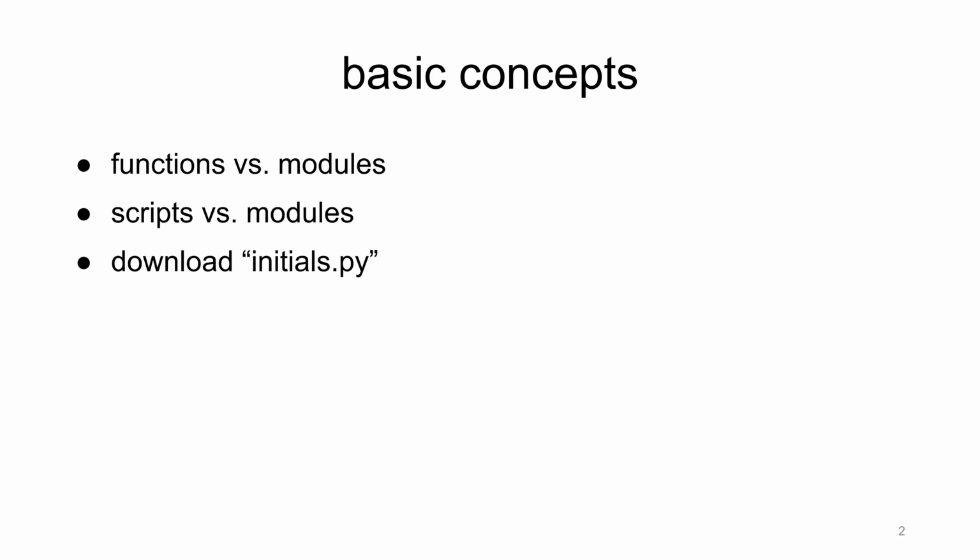I told you last week that you can not only use a function repeatedly in the same script in which you define it, but you can also use functions from outside the script, within another script, by importing the file in which you have defined the function as a module. And this is what we will be talking about today.